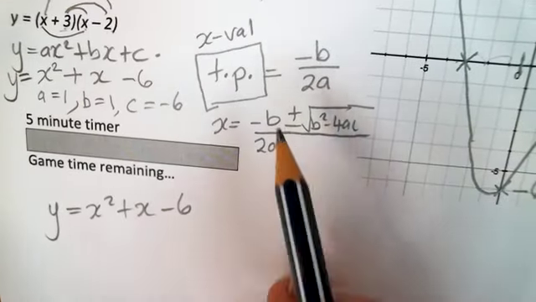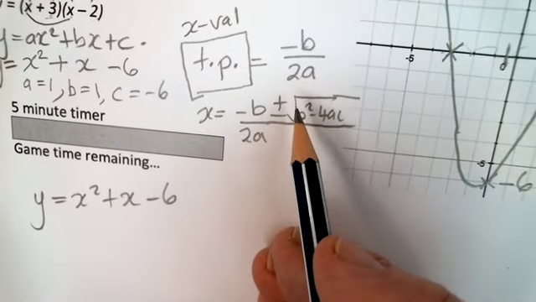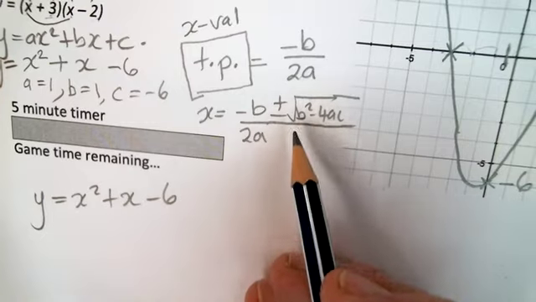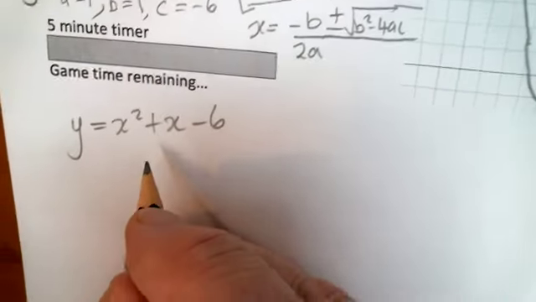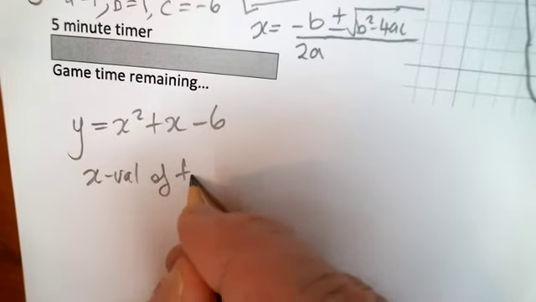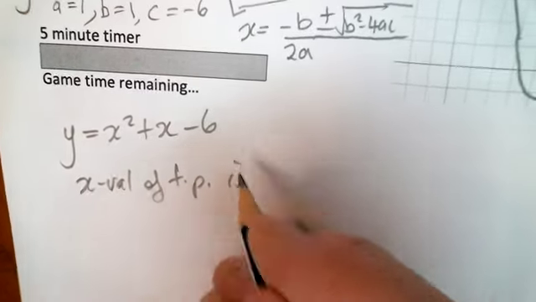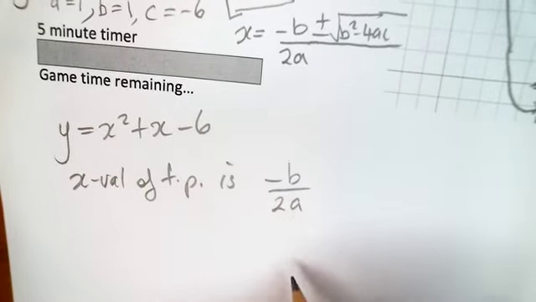So let's use the turning point, the x value of the turning point, I should say, is minus b over 2a. So let's do that now. So what was negative b? Well, b is 1, so I'll put x value of turning point is minus b over 2a. Now let's populate that with the information we have.